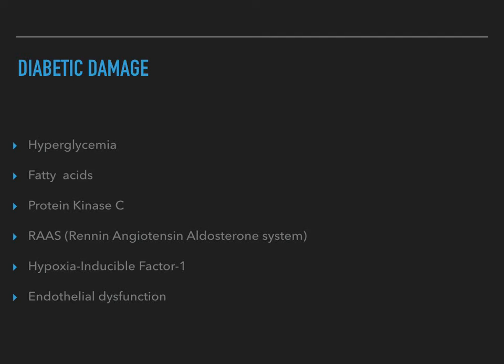So hyperglycemia causes ROS, and we know that increased ROS could cause damage. This also affects contractility of the heart. So we know that hyperglycemia could cause all these things. Many people don't know that. I didn't know that myself, but it happens.